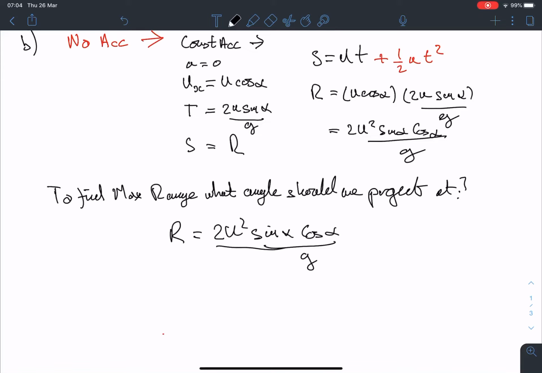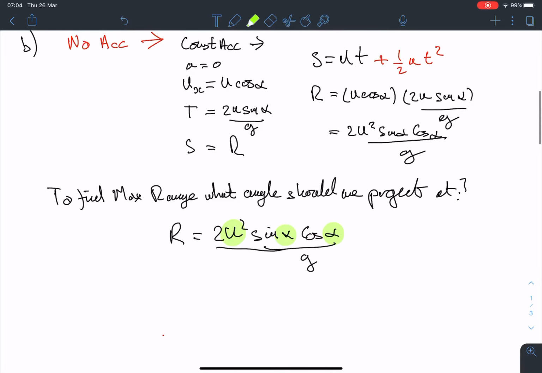And if we want the max range, well, there are only two variables in here. So what are the variables that we've got? We've got a variable of u. Well, obviously the bigger u is, the farther it's going to go. And we can also vary the angle. And depending on the angle we throw it, if we throw it straight up, so if alpha was 90, sine alpha would be 1, but cos alpha would be 0.